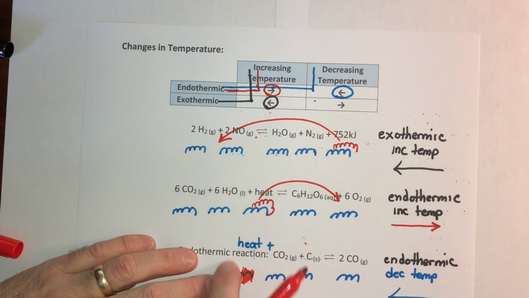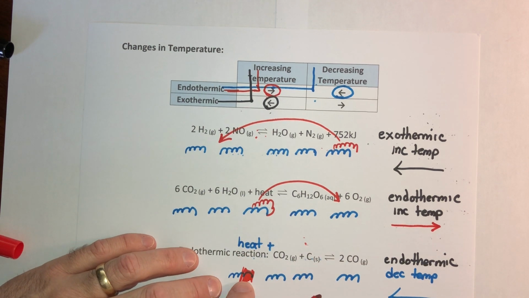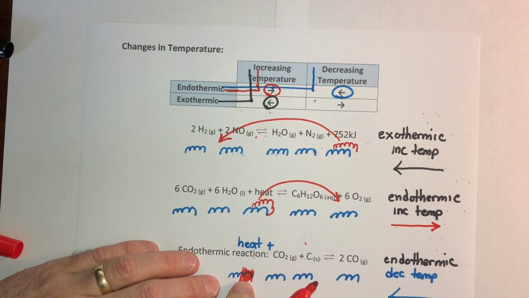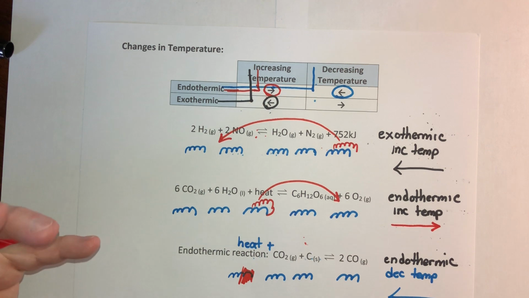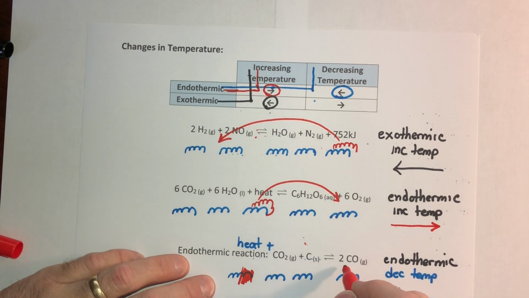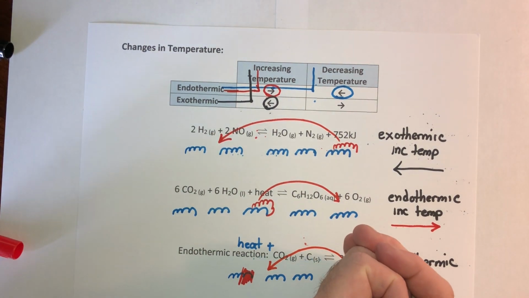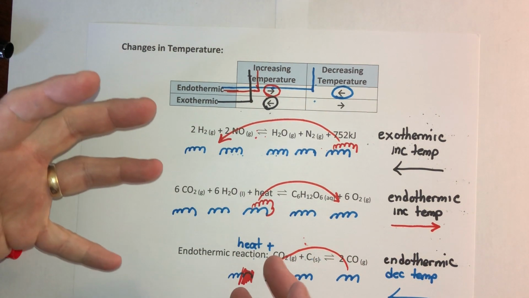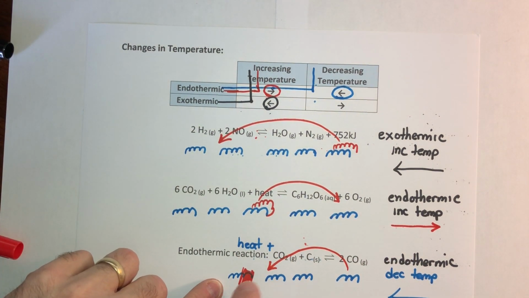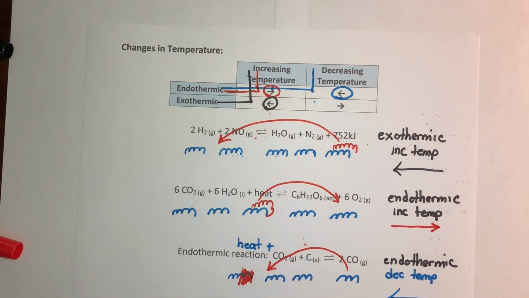Well, now you don't have enough reactants, right? You used up some of your reactant. Your reactant is gone. How are you going to make more reactants? You're going to have to take some of your products and turn them into reactants, right? Because if you take your product and turn it into reactants, you're going to replace them. You'll replace the heat that you lost. So the reaction will go backwards. Now, as you go backwards, you will be making reactants, right?